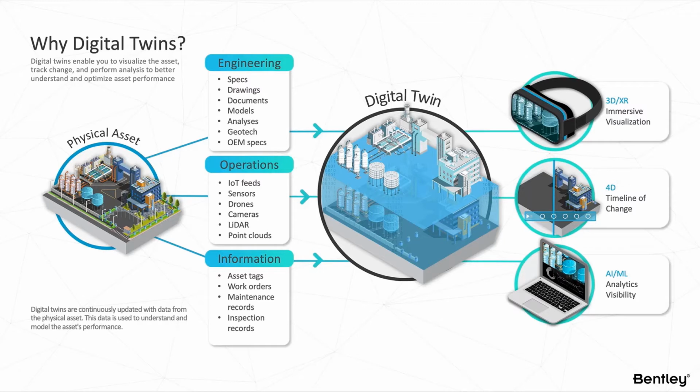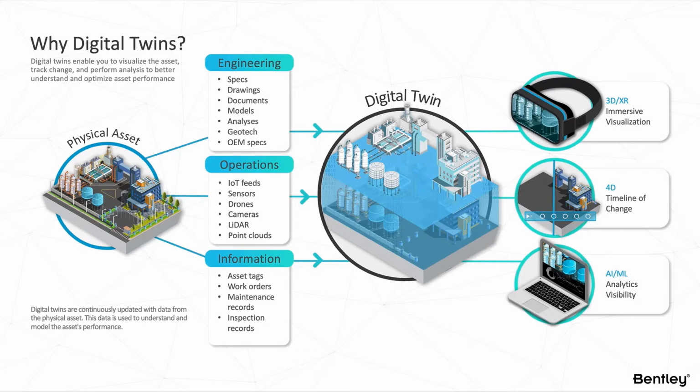And this then lets you understand what's happening to your physical asset in a way that is better than just looking at the physical asset. In addition to that, you're able to get better performance out of this. And as you continuously keep this digital twin updated with what's happening to your physical asset in the real world, you're able to get better outcomes, whether through just visualization in your browser on your device or through immersive visualization with devices like HoloLens.